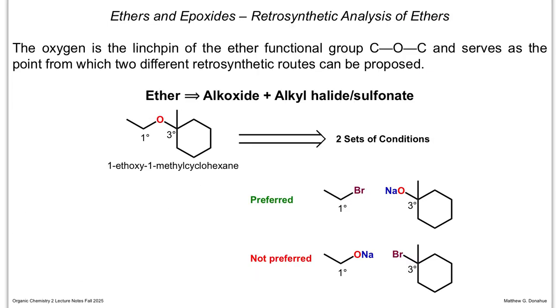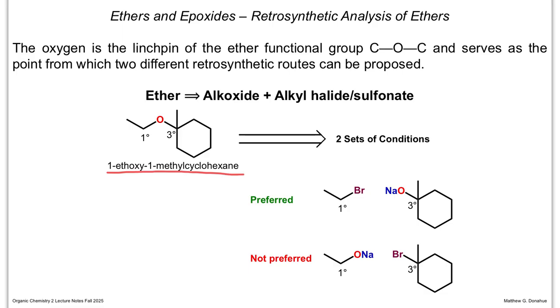So to that first slide I talked about, if we look at the ether that's shown here, 1-ethoxy, 1-methyl cyclohexane. If we had to make that, we could generate 2 pairs of reagents where one of them would include the oxygen. That would be a nucleophile.